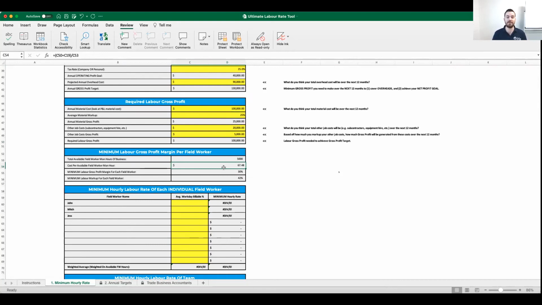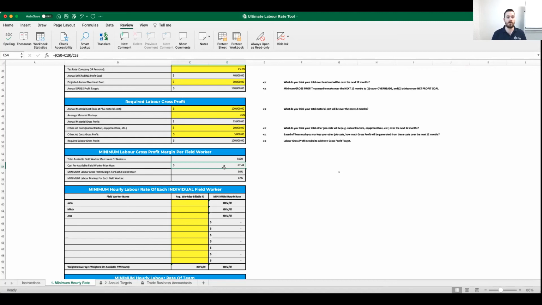But if you're 100% billable, that means you're being charged out to the client, 5 days a week, 8 hours a day, every week of the work week, then you would need to be charging your labor out on average across all these three workers that we've got here at $67.48.